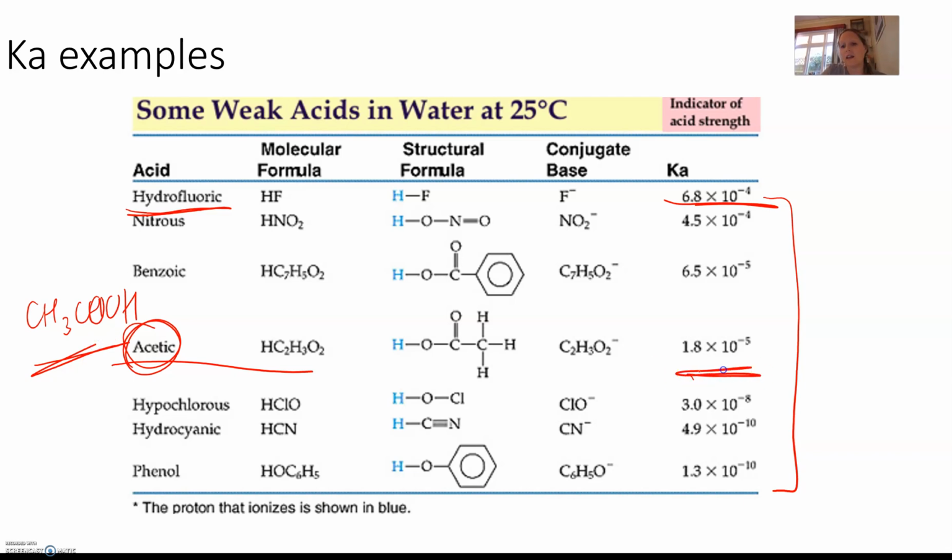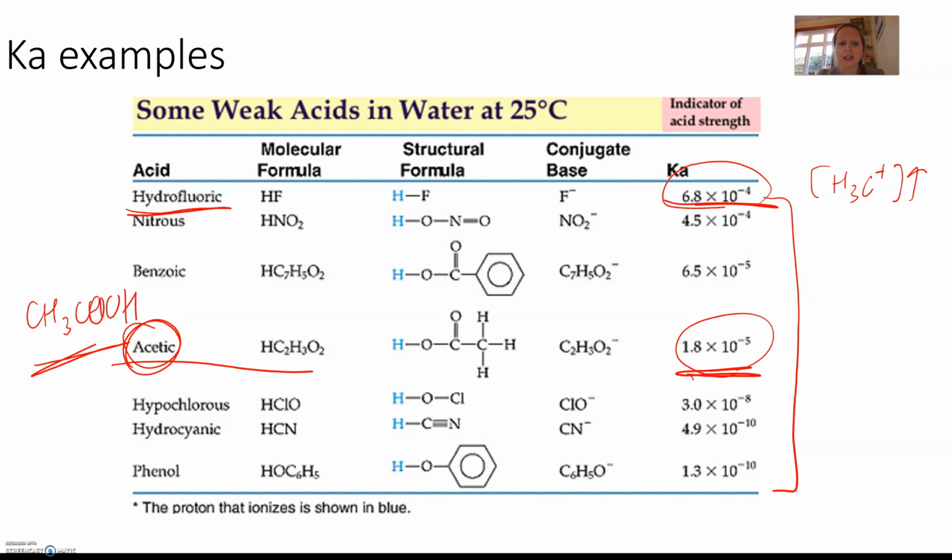And you can see here that because hydrofluoric acid's Ka is larger, this means more of it dissociates, and so there will be a higher concentration of H3O+ in the same concentration solution, which means that hydrofluoric acid would be a stronger weak acid than ethanoic acid. They're both weak acids, but you can compare the strength of those weak acids according to the Ka and how much it dissociates.